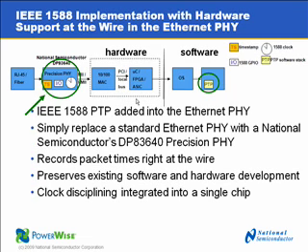The fourth approach we talk about uses the 1588 time-critical functions implemented in the PHY. And the real advantage to this is that it allows the timestamp to be recorded right at the wire as soon as it goes into the system for the highest level of precision.